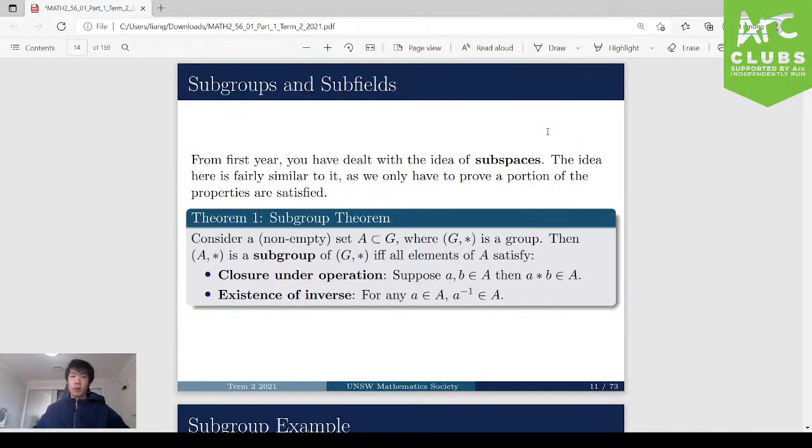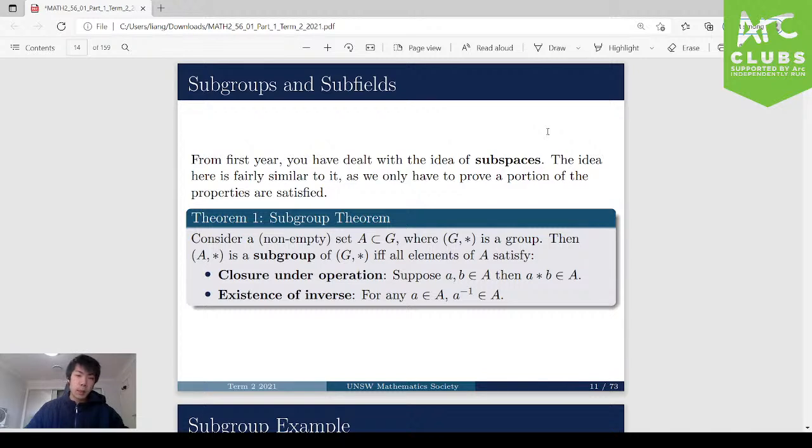The next idea we're going to have a look at is subgroups and subfields, now that we've gone through fields and groups. Okay. From first year, you would have dealt with subspaces. The idea here is fairly similar, because we only have to prove a portion of the properties for a group or a field to say that something is a subgroup or a subfield.